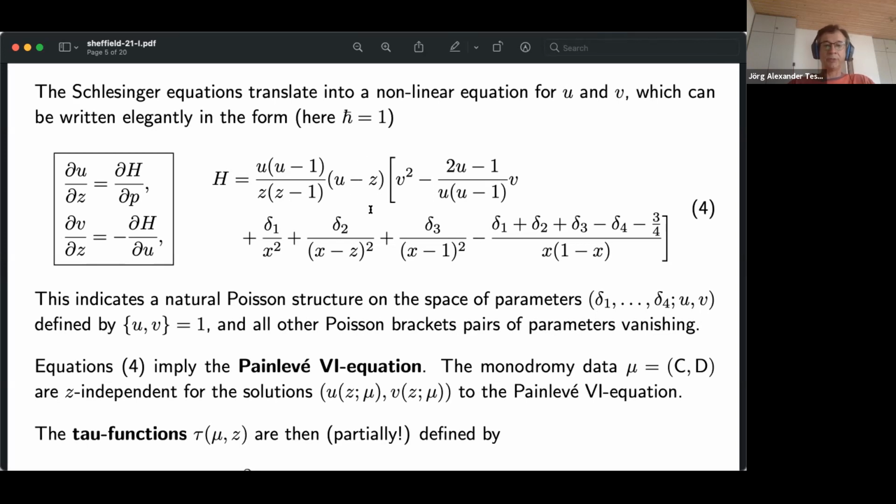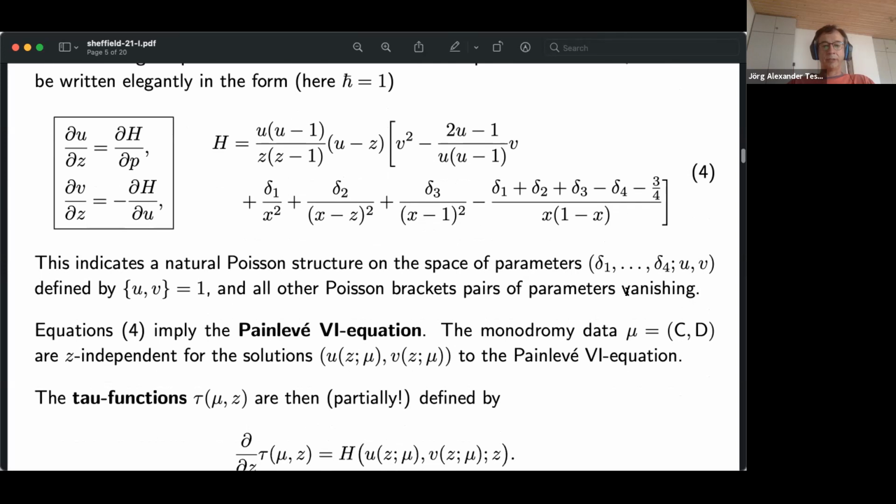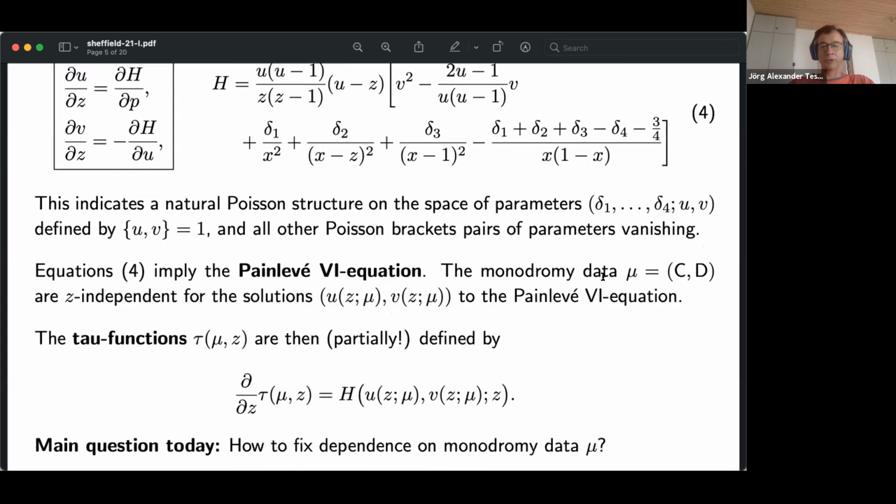But of course, the game is now to ask what the variation with respect to this puncture is. All right, and we can of course trivially extend the Poisson bracket to this space of parameters. The deltas would then just be Casimirs, they would commute with everybody else.